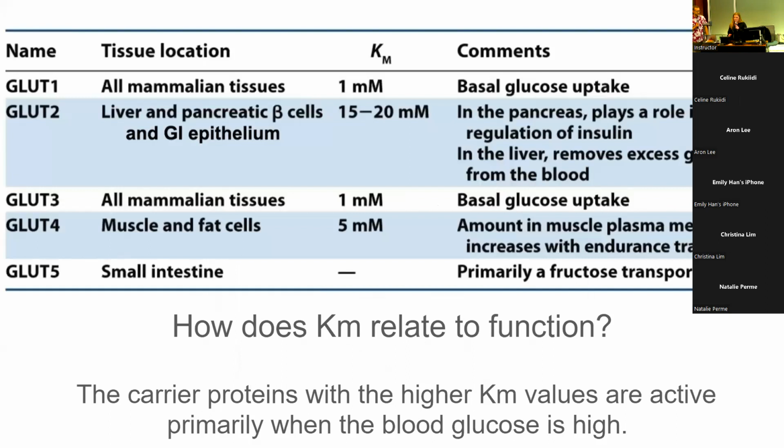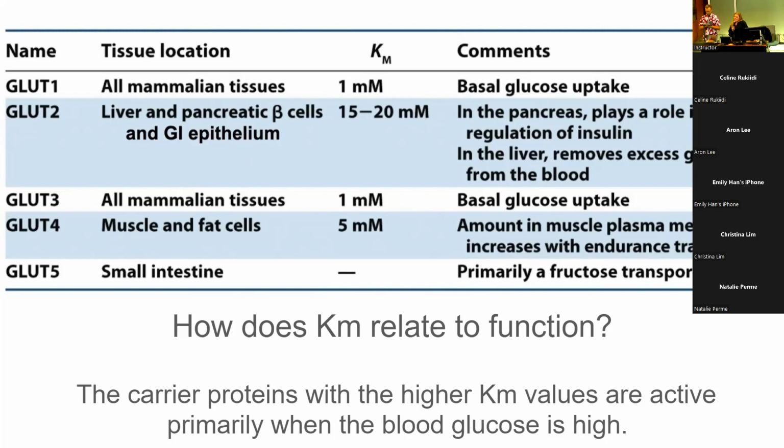Okay, so this seems like a low yield slide, but it might be good to know. My memory is foggy, but I do remember stuff like this. Understand why it's important to have transporters that are active all the time versus ones that are only active at high concentrations.